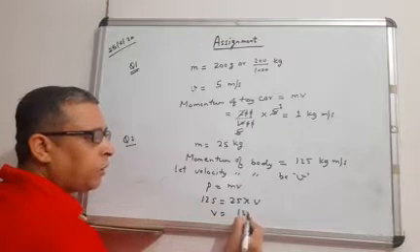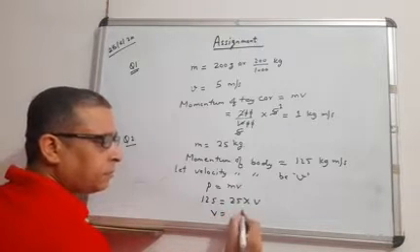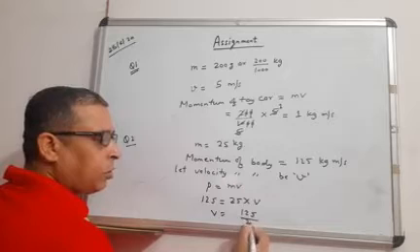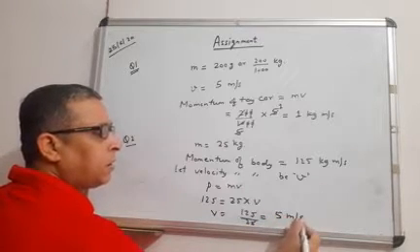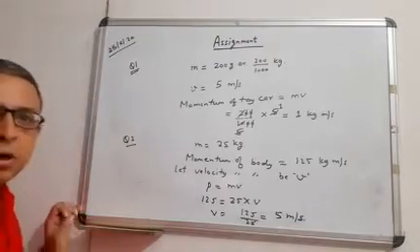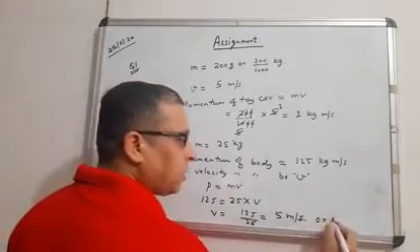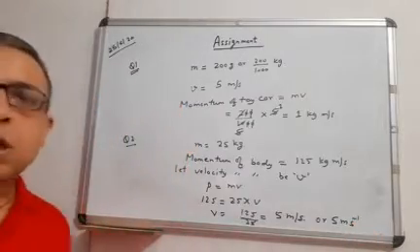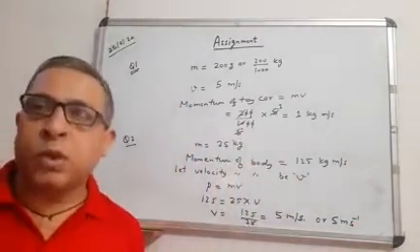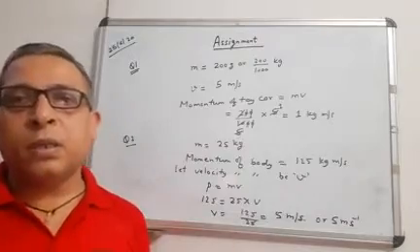V is equal to 125 upon 25, which will give you 5 meter per second. Clear? This is also right. So again, these two questions were based on calculating the momentum.